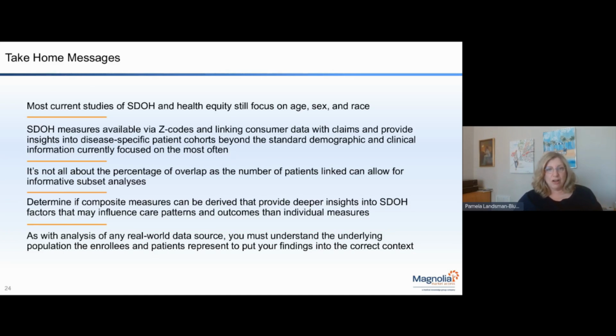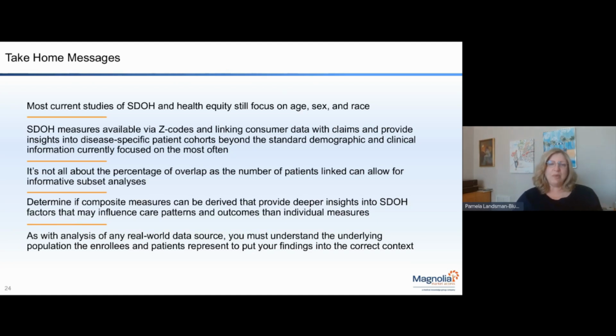SDOH measures are available via Z codes. And you can link consumer data. There are other sources of SDOH data out there. You can link them with claims or EMR and provide insights into disease-specific patient cohorts beyond these standard demographic characteristics that are focused on most often.